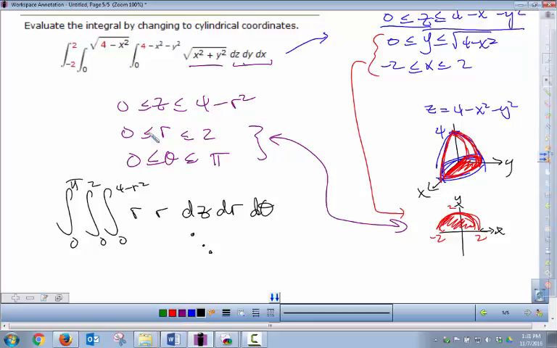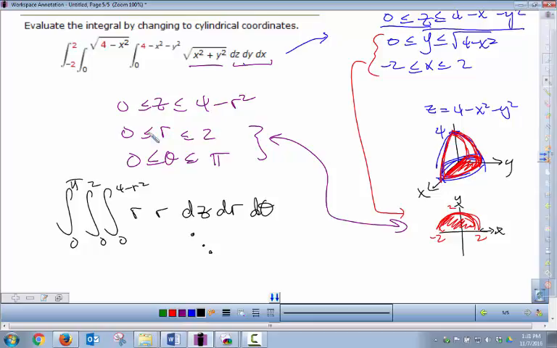Could we just take the theta integral out and just have the double integral? Yeah. Just like last time, we could take the theta integral out. Let's integrate that.